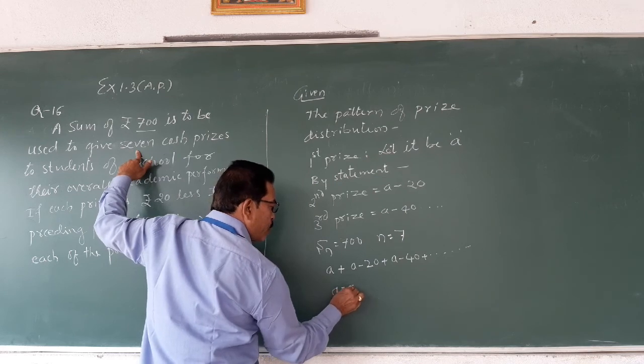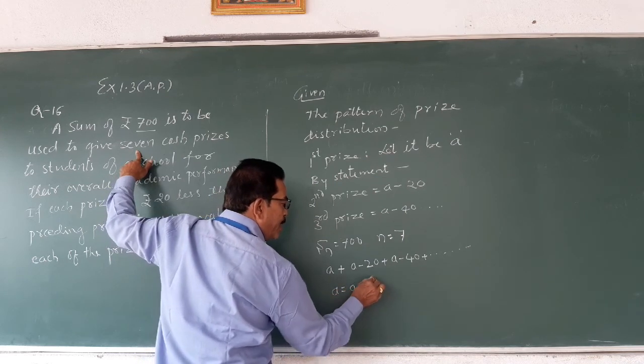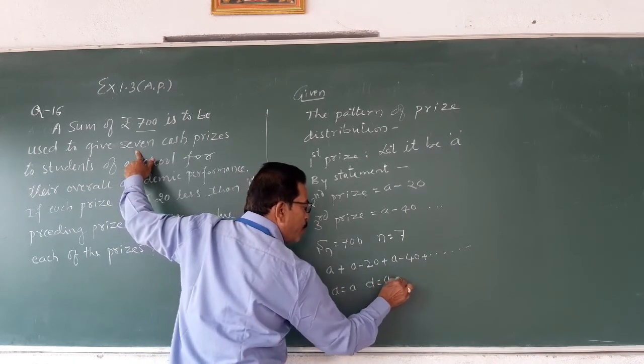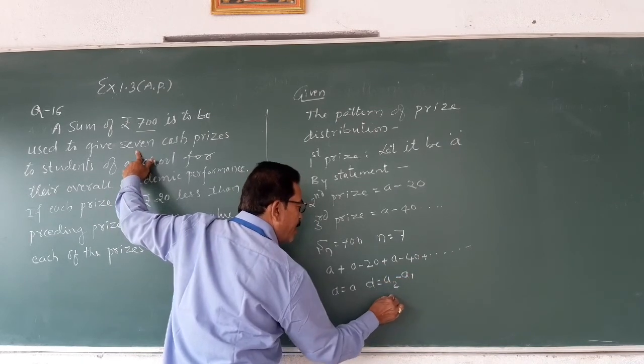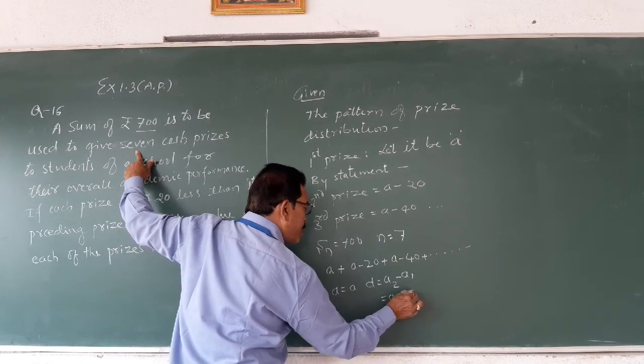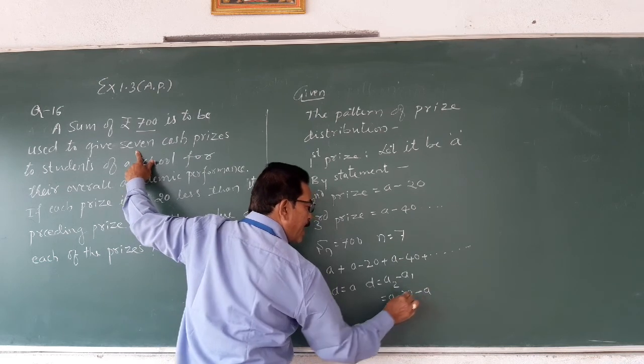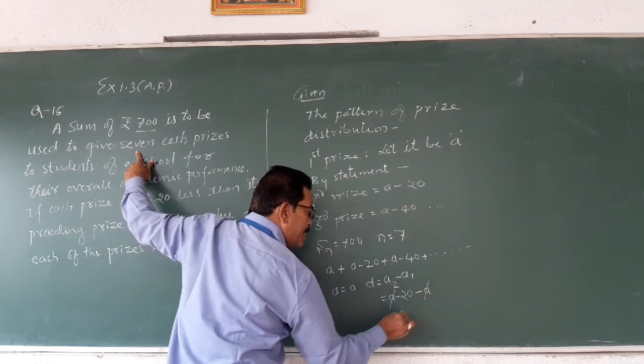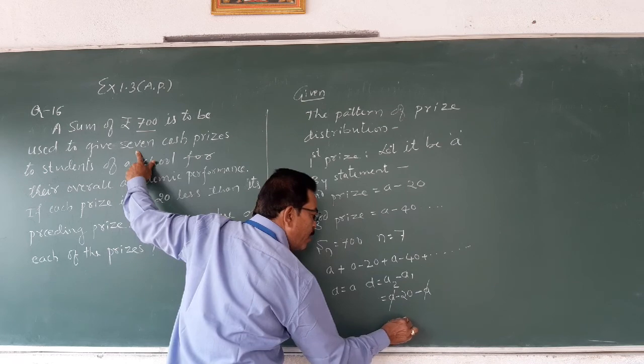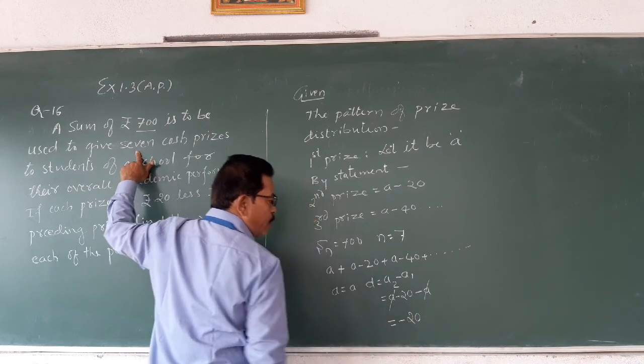Therefore, a equals A, d equals A2 minus A1, that is A minus 20 minus A, the A minus A gets cancelled, that is d equals minus 20.